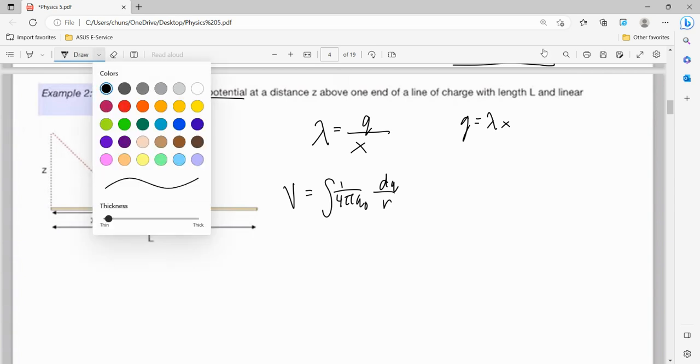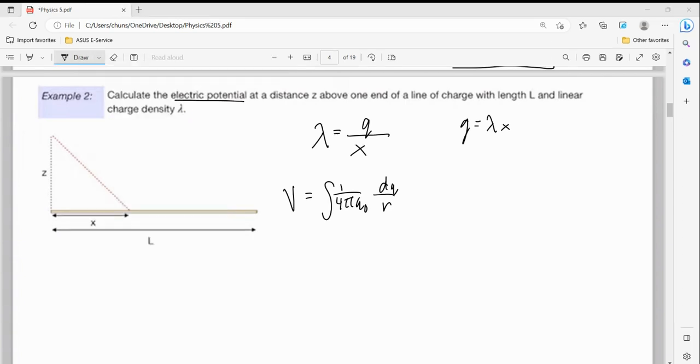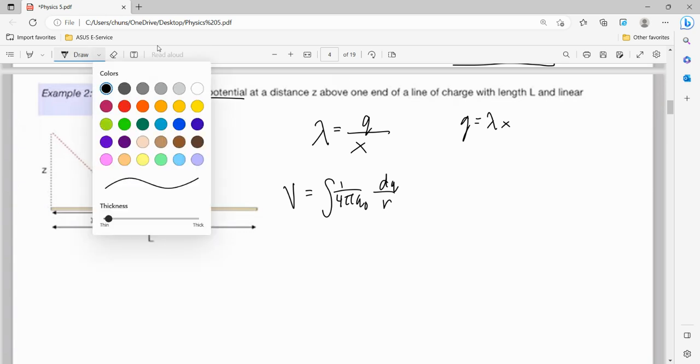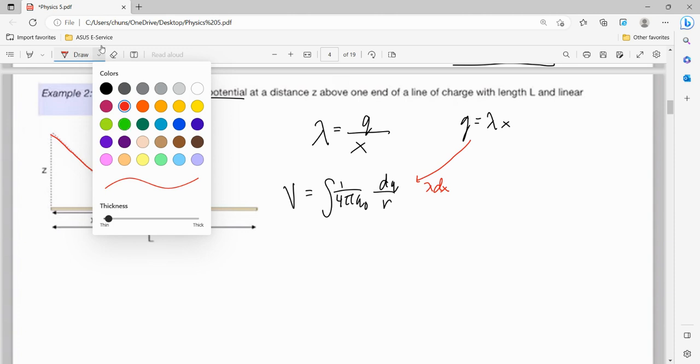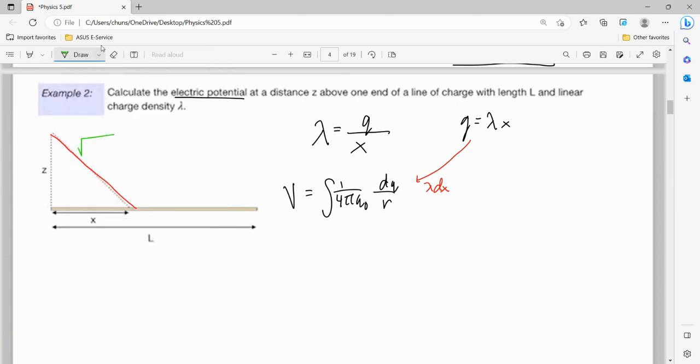Except instead, where R represents our separation distance along here. So if we rewrite this, our dq turns into lambda dx, and our separation distance is equal to the square root of x squared plus z squared.